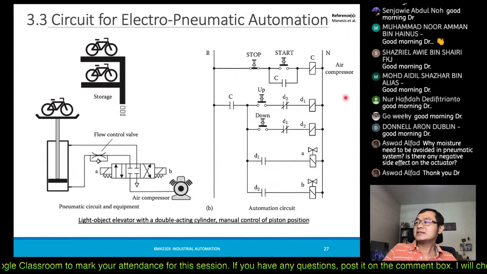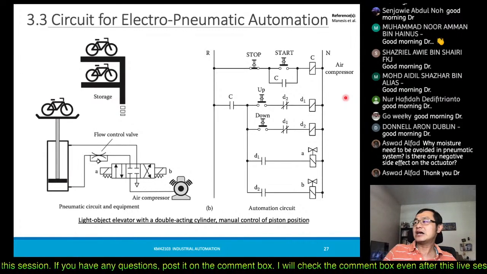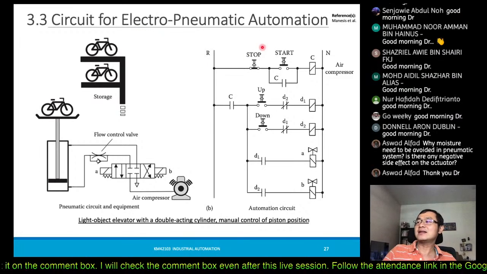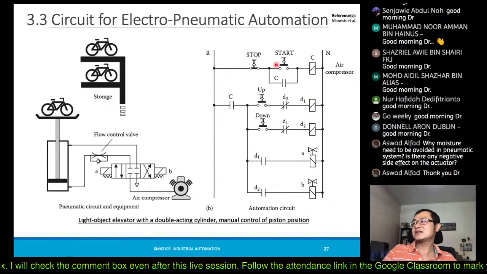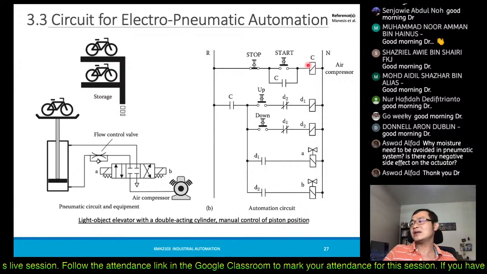Then we go through another example of electro-pneumatic automation. Again, because it's electro, there is an automation circuit, maybe in the form of electrical later on.